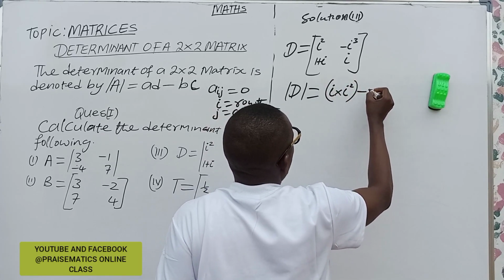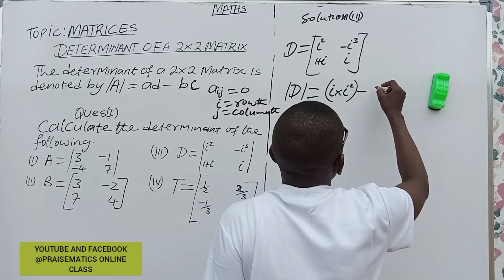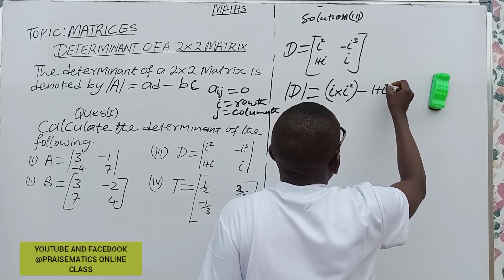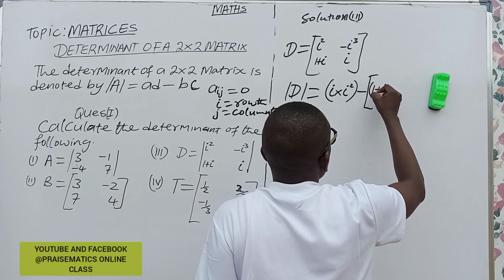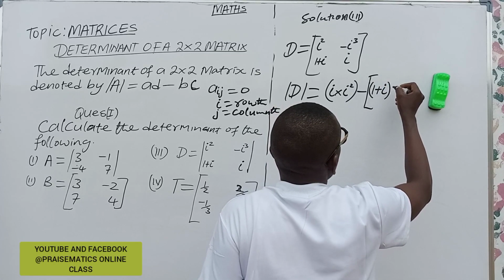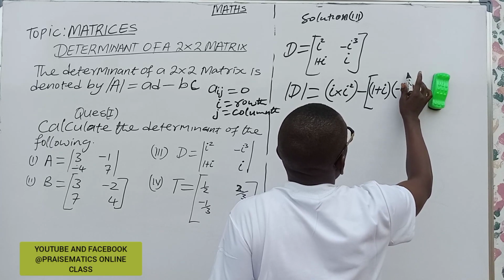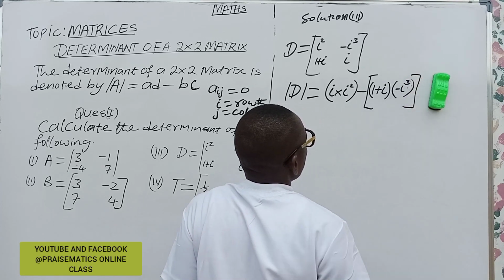Close the bracket. Minus i plus i. That is, this is a very big bracket. Multiply by minus i power 3. Close it, or the big bracket.